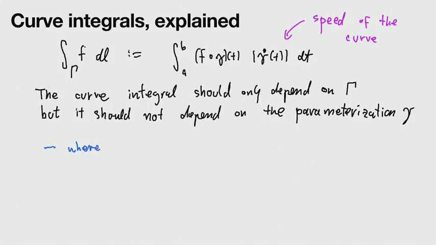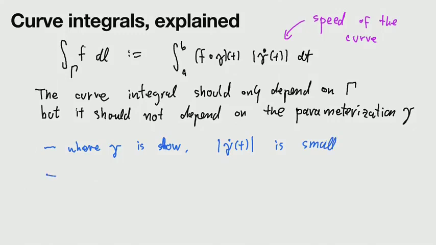Where gamma is slow, gamma prime of t will also be slow. The speed of the curve will be small.